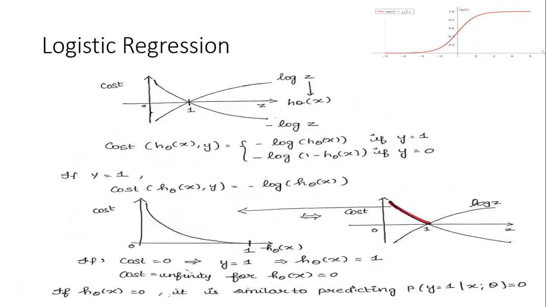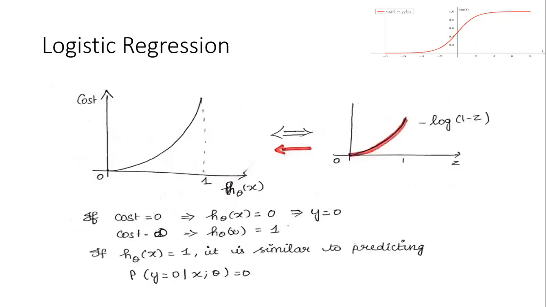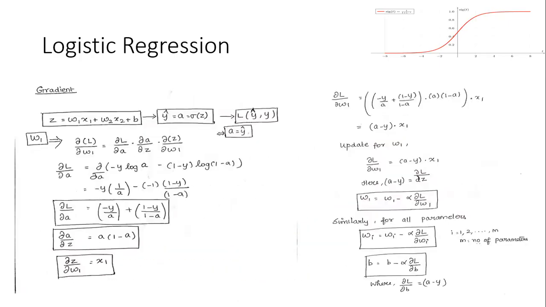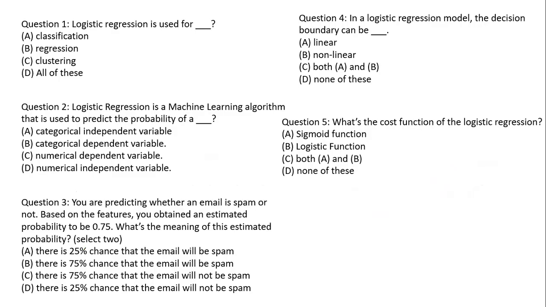This is the shape of the cost function, why is it going like this? Do you think this is the sigmoid function? Yes, the question is about the cost function, not the logistic function. We have the options: sigmoid function, logistic function, both A and B, none of these.